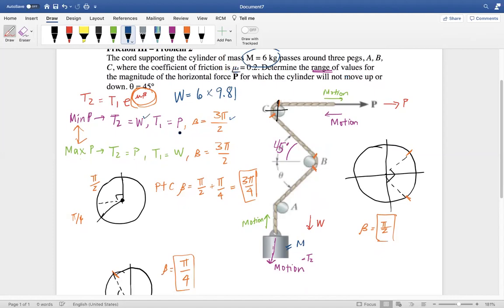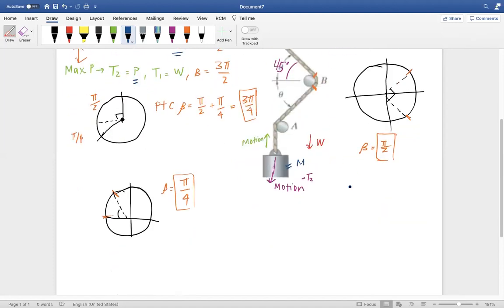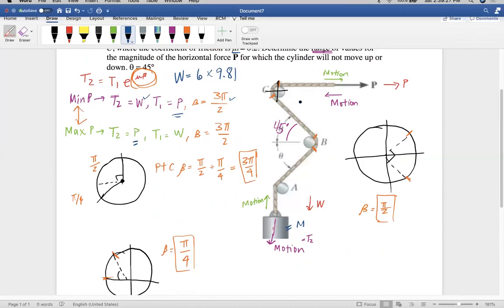So the only unknown you need to look for is your p values. By solving for your minimum value of p and your maximum value of p, you get the range it's asking for. So your answer would be in terms of p equals whatever number newtons to whatever number newtons to keep it static. Does that make sense, a little bit more? Yes, thank you.